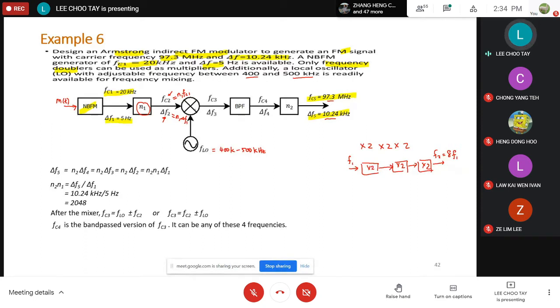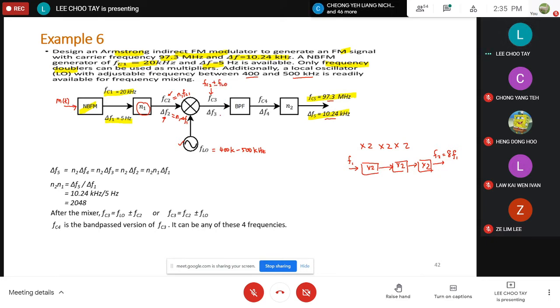Then we mix the signal with the signal coming out from a local oscillator here. That gives us FC3. But your FC3 here can consist of two frequency components. The frequency component can be FC2 plus or minus FLO, which I talked about just now.